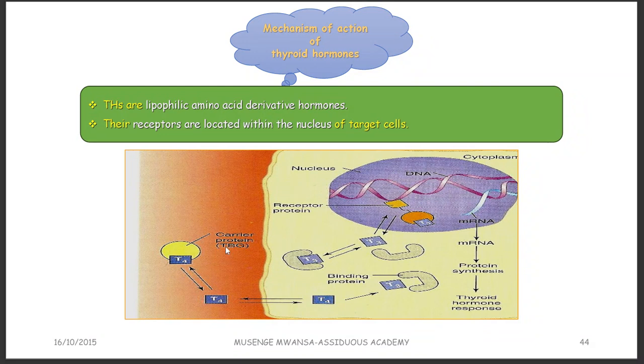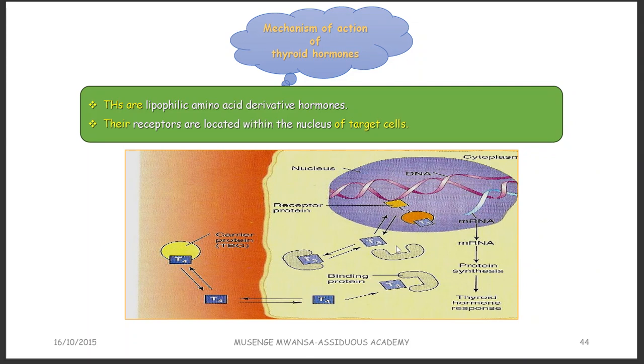So look at this, what is happening. You have got in blood a carrier protein for T4, which is going to release the T4, and then it is going to diffuse into the cell. In the cell, it is going to bind to a binding protein. That binding protein is going to transport it.